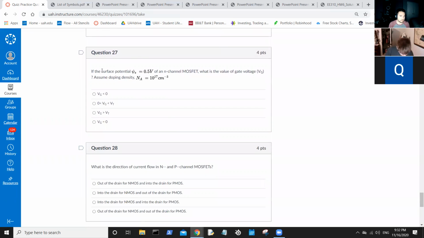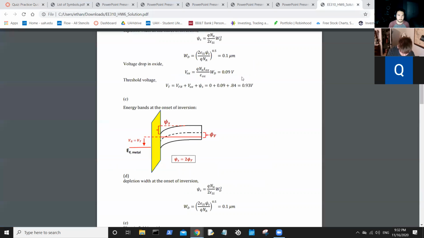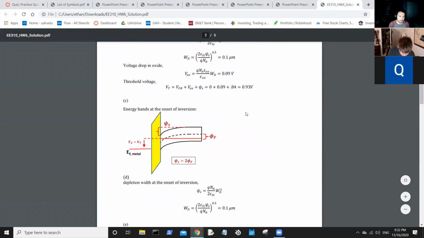Question 27. If the surface potential is 0.5 volts of an N-channel MOSFET, what is the gate voltage? All right, so surface potential is 0.5. So we can look here at his formula for surface potential.